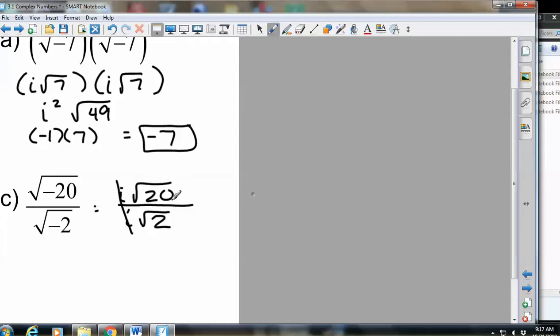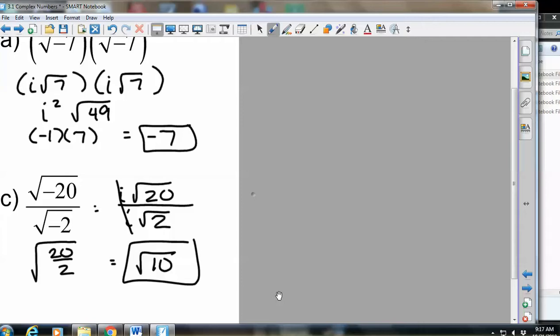If the 20 and the 2 are both under a square root, you could think of it as one big square root. What is 20 divided by 2? So we just get the square root of 10 for our final answer. Is that one okay? Yep.